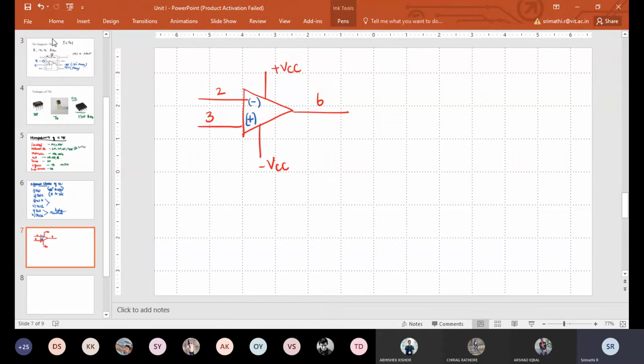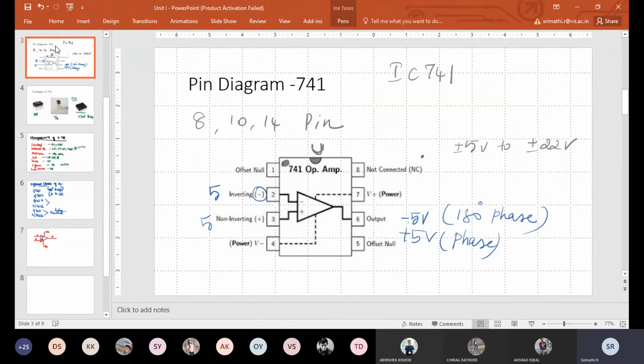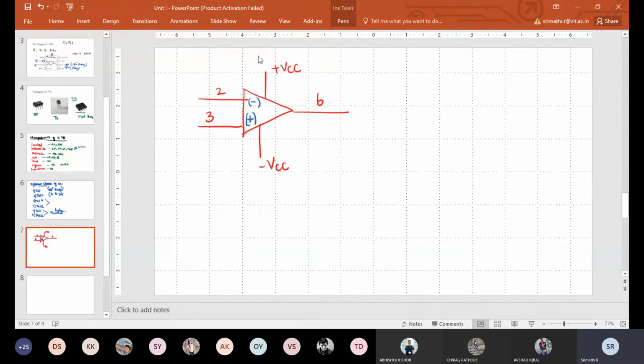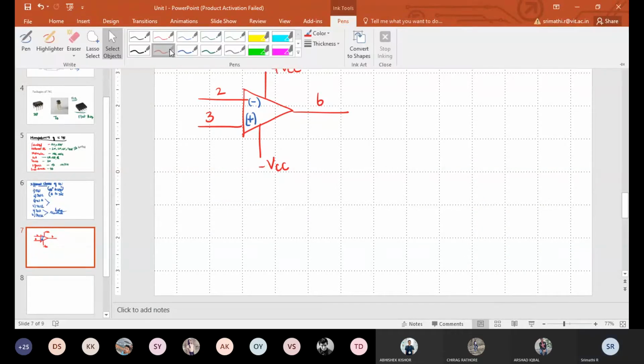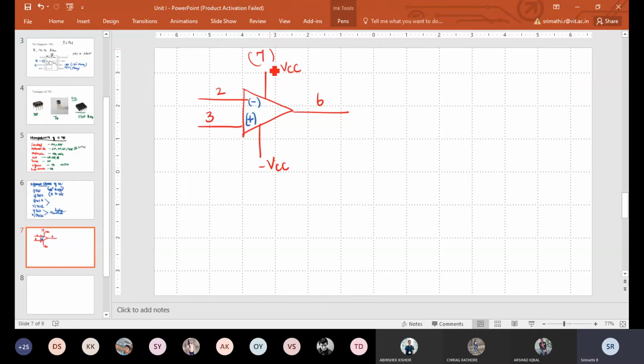Mostly they won't represent VCC, it is understood, but for your understanding I'm drawing the plus VCC and minus VCC. It is available at pins 4 and 7. Plus is at pin number 7 and minus is available at pin number 4.